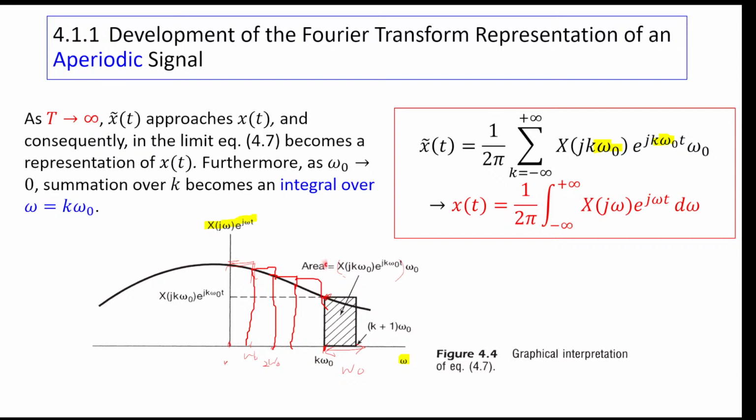I guess it's still better to show the picture, because here we plot this function, this big X e to the j omega t, as a line here. Let's ignore that it is complex valued, so we can plot it here as a function of omega. What this summation does is sample this function at values k omega naught, because k is an integer.